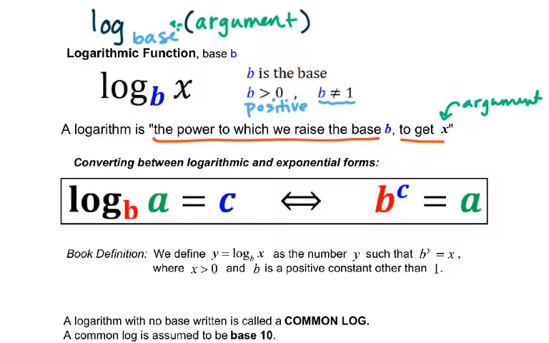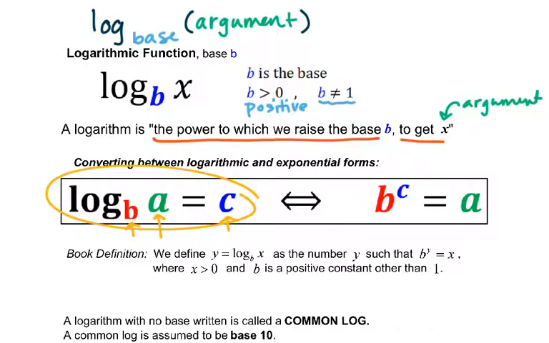So as we proceed, we want to feel comfortable converting logarithmic to exponential form. You'll notice over here on the left, I have log base b of a equals c. This is a logarithm of base b, argument a, and it equals some output c.